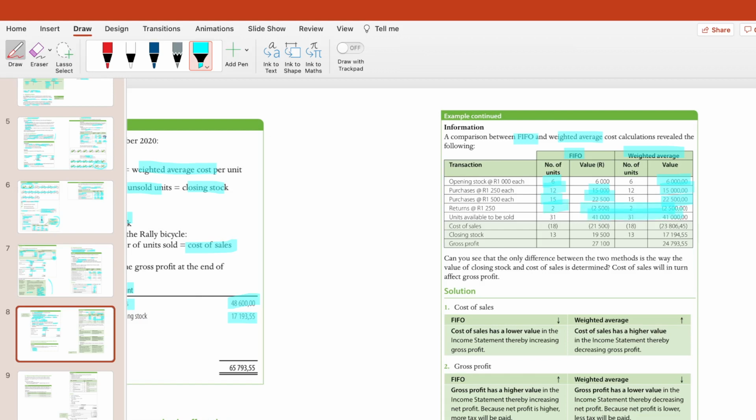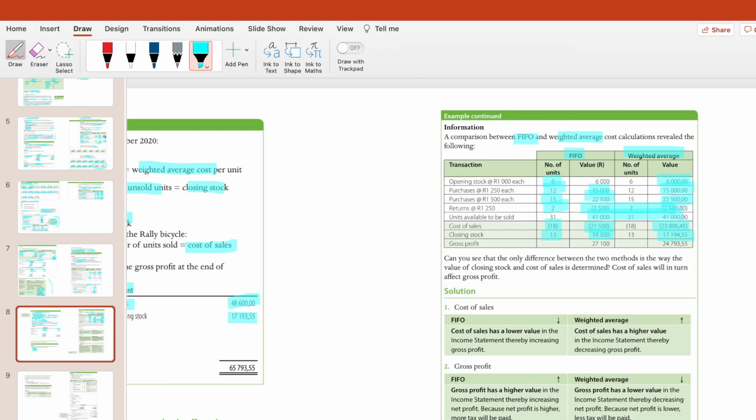Our cost of sales in first in, first out is 21,500, and in weighted average, 23,806 and 45 cents. Our closing stock was also different. It was 19,500 in first in, first out, and it was 17,194 and 55 cents in weighted average.